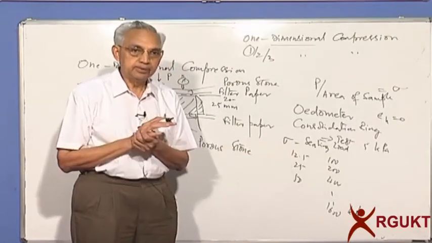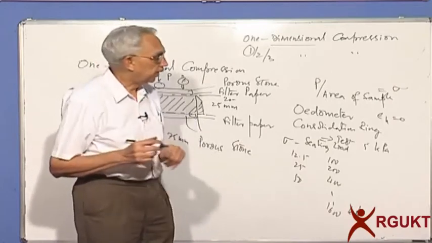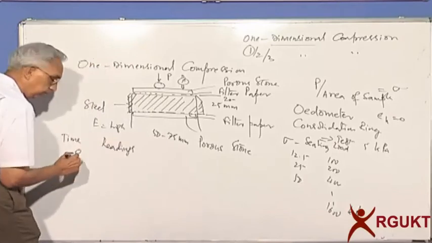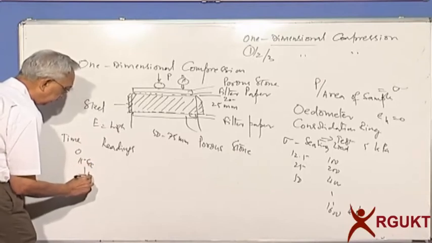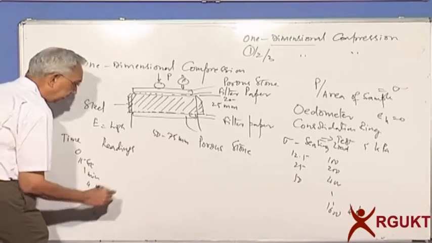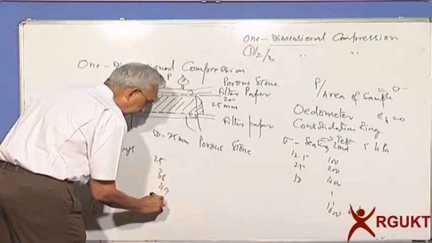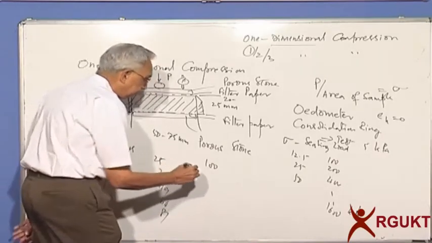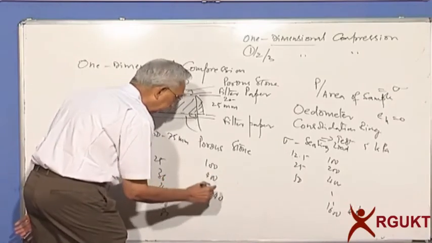Now, in case of soils, the compression is not necessarily immediate. So I have to take readings with time. So 0, I take 15 seconds, 1 minute, 4 minutes, 9, 16, 25, 36, 49, 64, 81, 100, maybe 400, and then we go for 1 day, which is 1440 minutes.